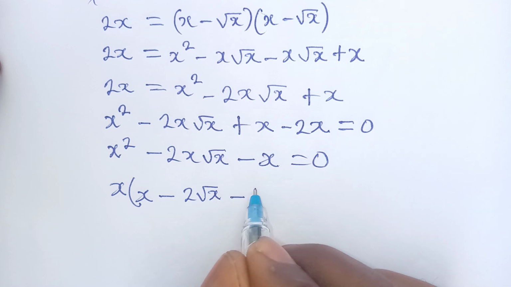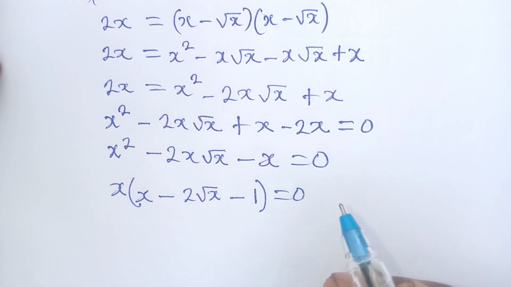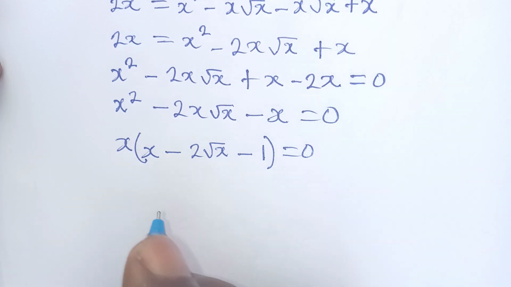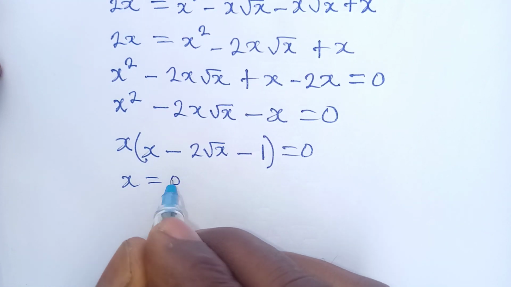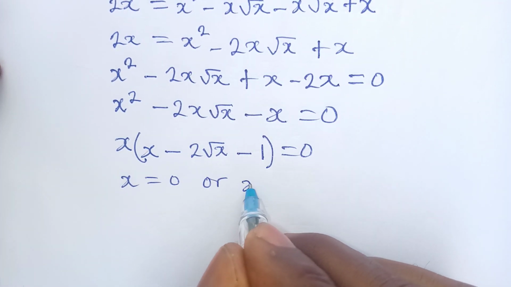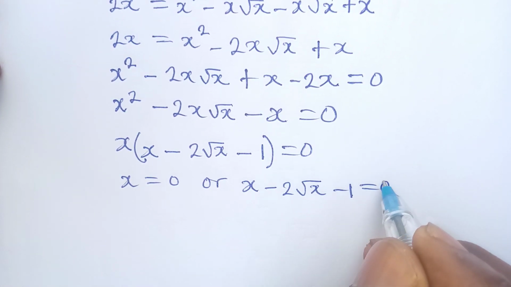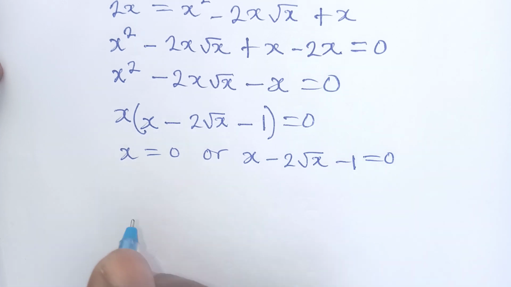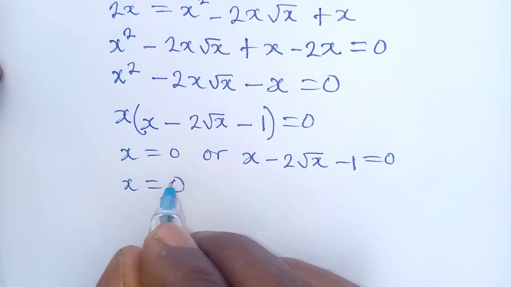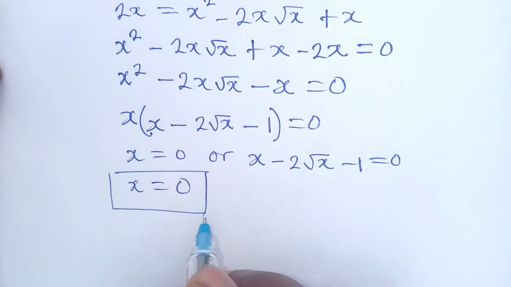Then minus here we're going to have 1, and this is equal to 0. Apply zero product rule. X is equal to 0, or the whole of this, x minus 2 root x minus 1 is equal to 0. Okay, so our x here remains 0 and is one of the values of x.